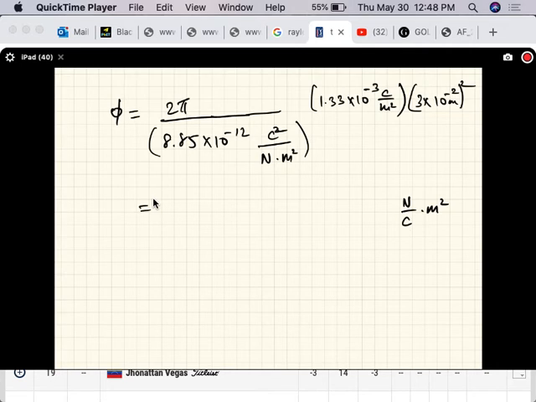Okay, and let's take care of powers of 10. This is 10 minus 12. That's 10 minus 7. So you get 10 to the power plus 5 there. And then 2 pi into 1.33 into 9 divided by 8.85.